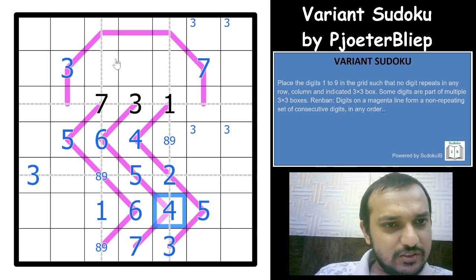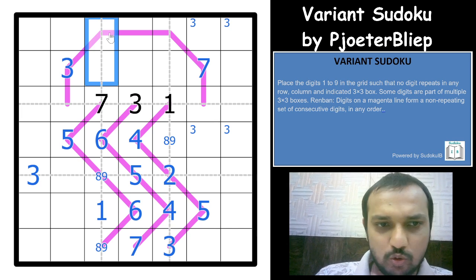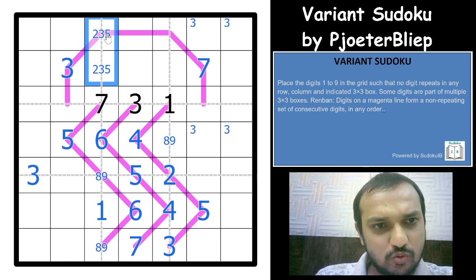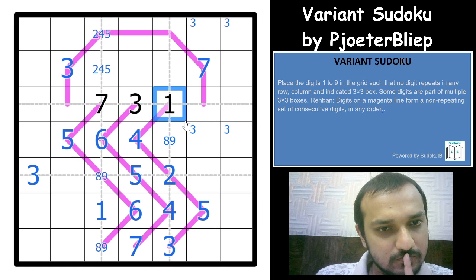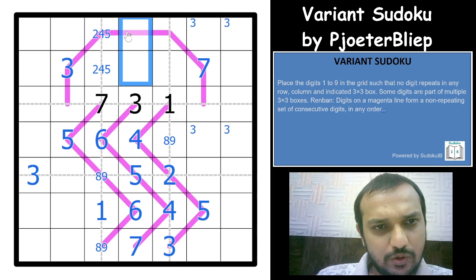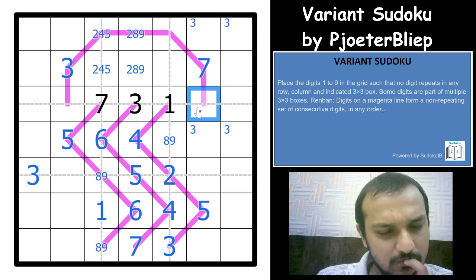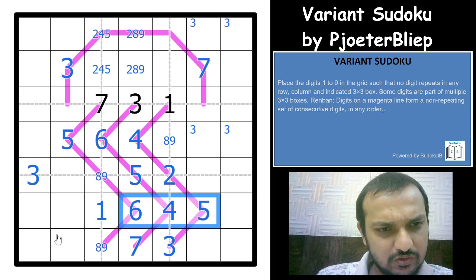Okay, so the digits remaining here are 2, 3, 4 and 5. 3 cannot be here, so it's 2, 4 and 5. 2, 8 and 9. Okay, so 1, 2, 4, 5, 6, 7, 4, 5, 6.